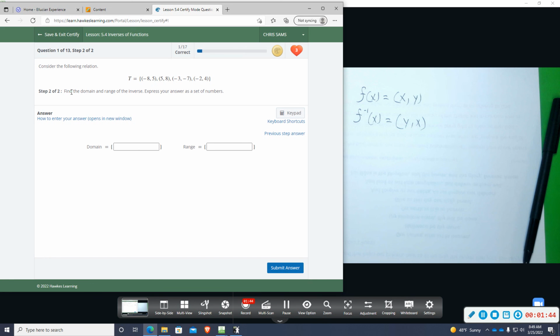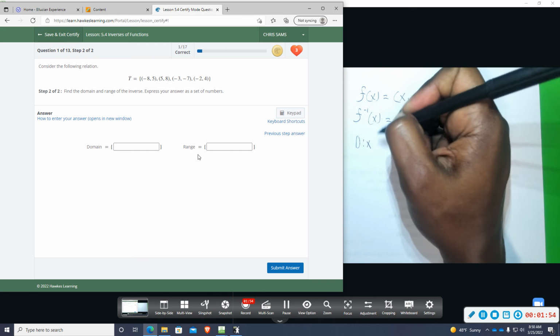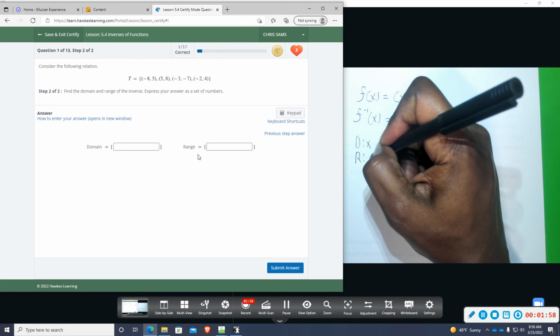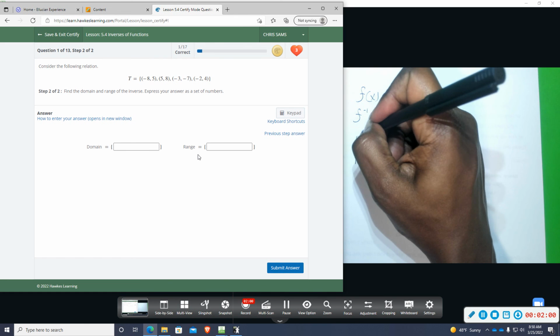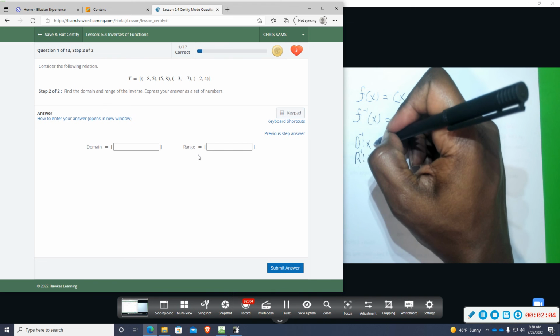Okay. Now there's a part 2. Part 2 says find the domain and the range of the inverse. What you need to be familiar with is normally domain refers to the x values, and range refers to the y values. However, when we're considering the inverse, these also get flip-flopped.